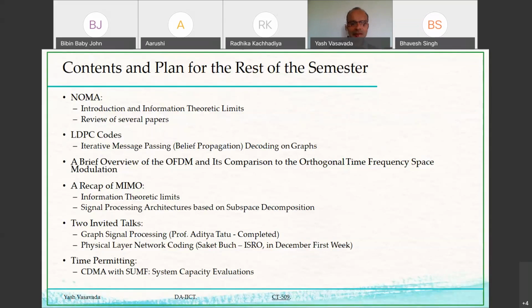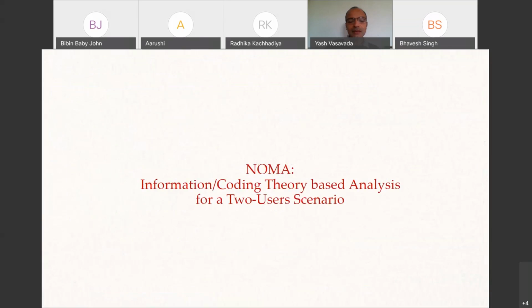Into NOMA. NOMA techniques, as they have been presented in the literature, can be broadly classified into two different types of studies. In one type of study, the one that we are going to be focusing on, the assumption is that the channel coding has done its job the best way it can.